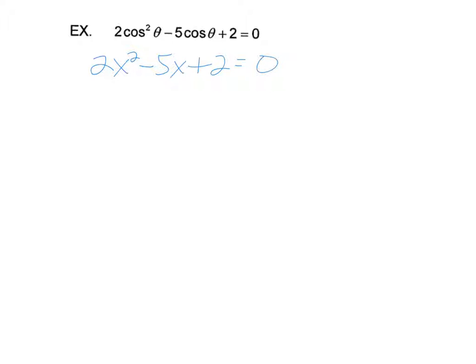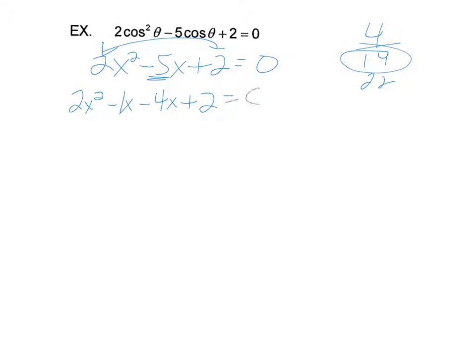So what we've got here is something that can be factored. So if I multiply the first number times the last number, I have 4. Factors of 4 that I can use to get the negative 5 in the middle, negative 1 and negative 4. So 2x squared minus 1x minus 4x plus 2 equals 0.